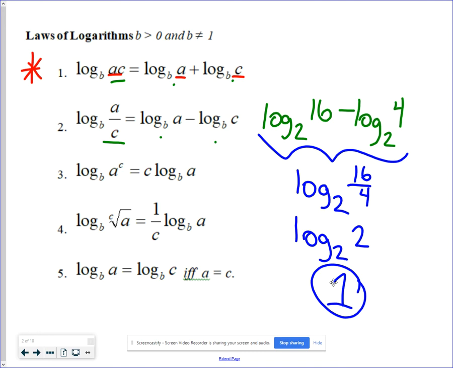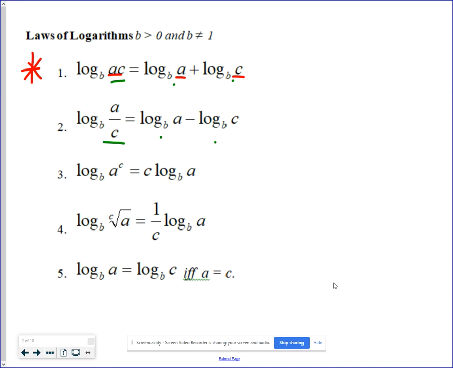Alright, so let's look at 3 and 4. Well, 3 and 4, they look like 2 different rules, but they're actually the same rule. Basically what it says is if you have a power here, what you can do is take that exponent and move it to the front of your logarithm, and then multiply by the log.